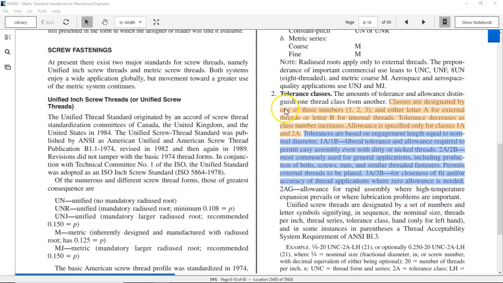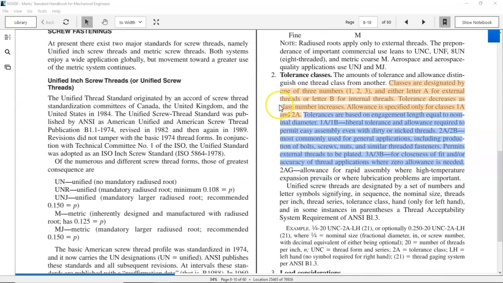The tolerance classes then for a UN are one of three numbers, 1, 2, 3, and either letter A for external, letter B for internal. Tolerance decreases as class number increases, and allowances are specified for the 1A and 2A. 3 is pretty much the finest class that you're going to get for tolerances.